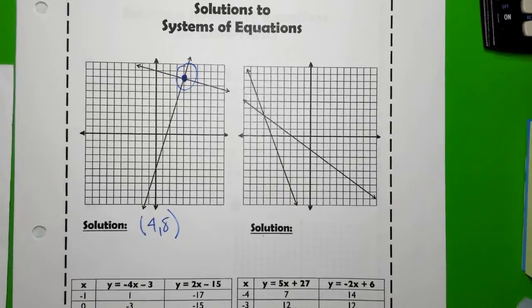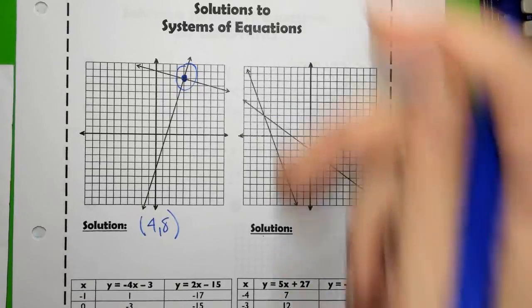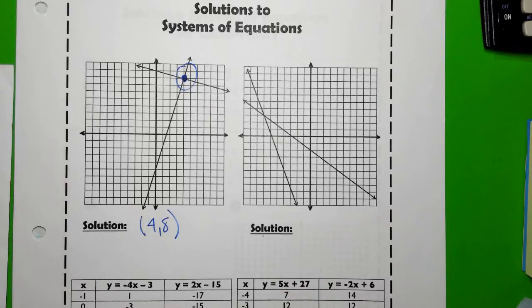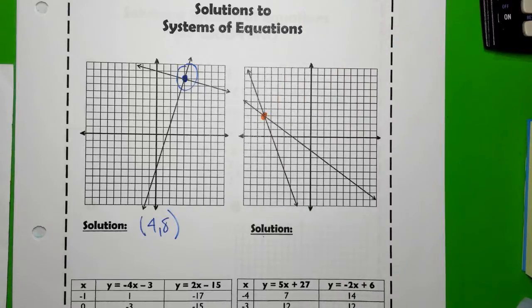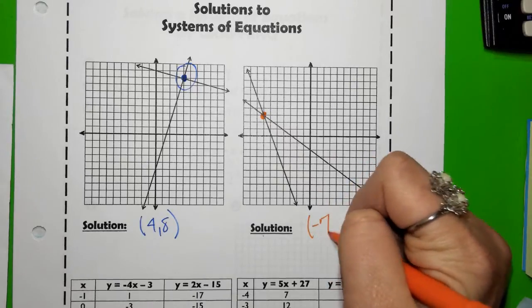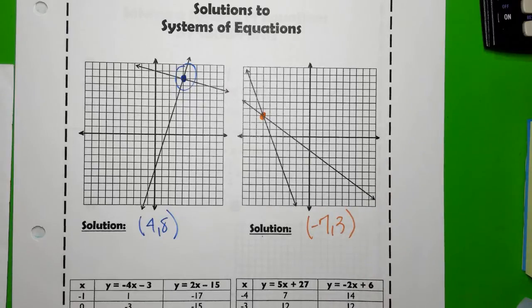Jenny, can you tell me what the solution is to this one? -7, -3. Do we agree or disagree? Give yourself 2 points.